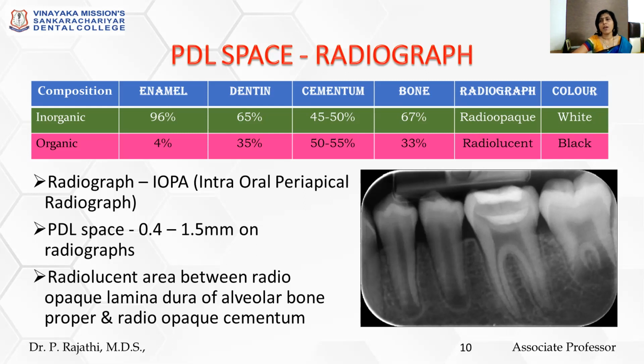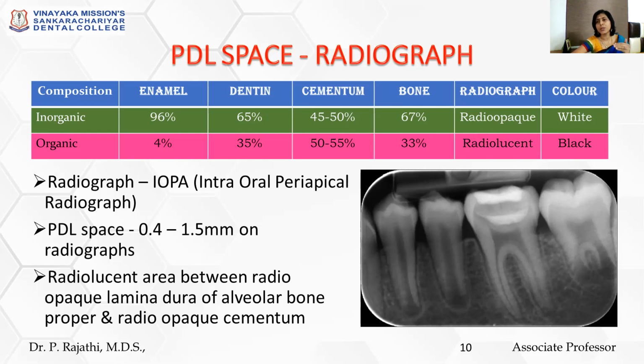When tissue is exposed to an X-ray, if it is a soft tissue, the X-ray will pass through it, penetrate through it. If there is any hard tissue, it will absorb the X-ray beam so that it doesn't penetrate that particular tissue. If it can penetrate through the tissue, that means it is radiolucent.